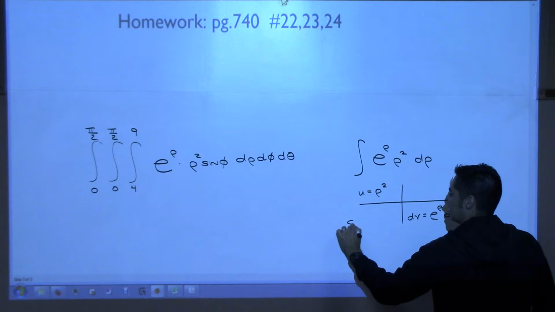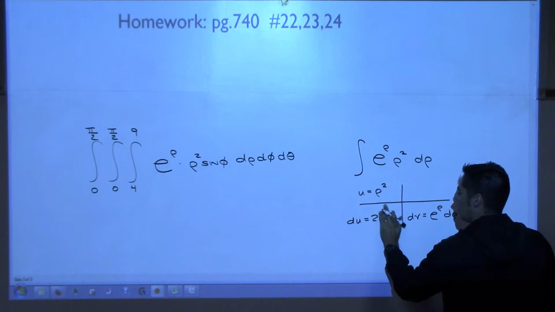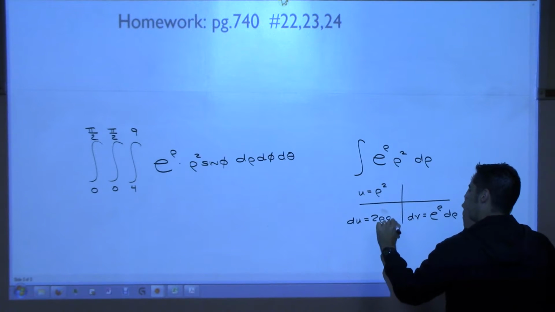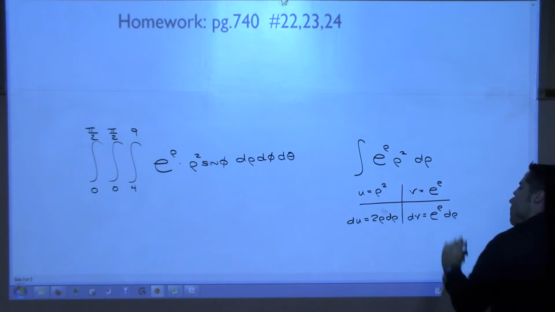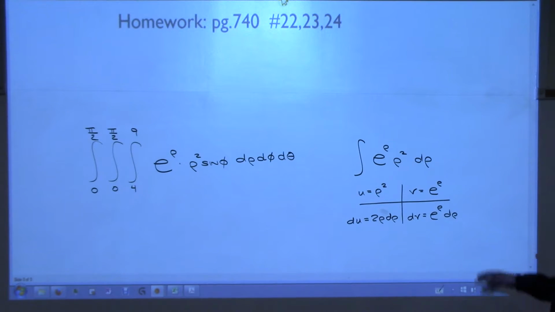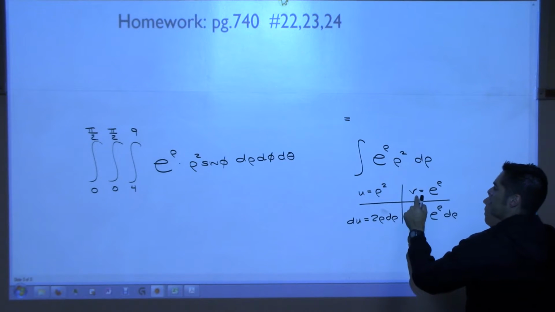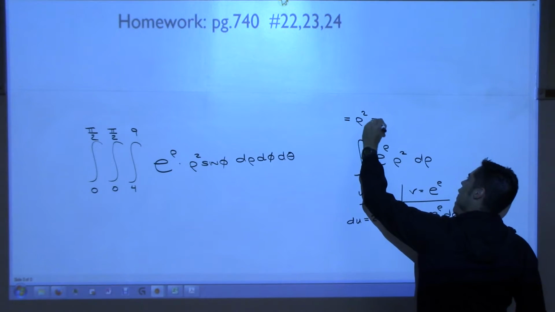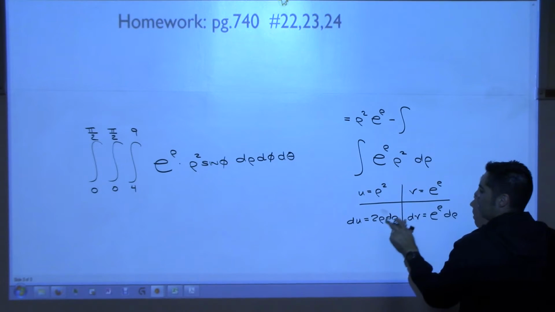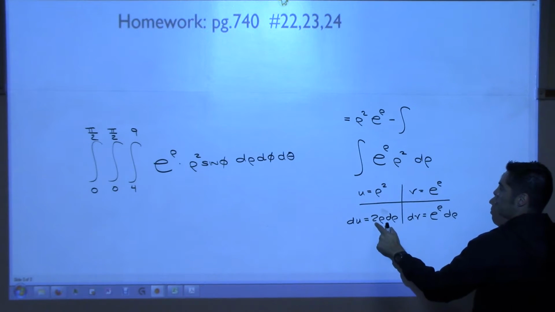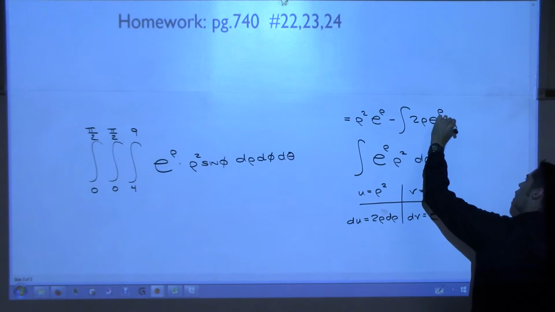And then du is 2 rho d rho. And then v would be equal to e to the rho. So by the formula for integration by parts, this will turn into u times v, so rho squared e to the rho, minus the integral of v times du. So notice I have a 2 there. 2 rho e to the rho d rho.